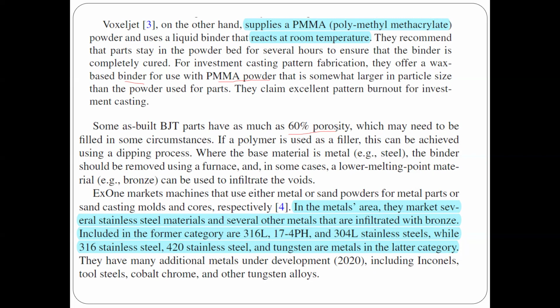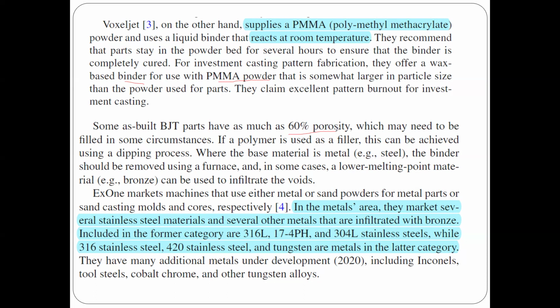This is referred to as the dipping process, where the base material is metal, steel, and the binder should be removed using the furnace. In some cases, a lower melting point material, bronze, can also be used to infiltrate the voids. X1 markets machines that use either metal or sand powder to form parts, or sand cast molds and cores, respectively.